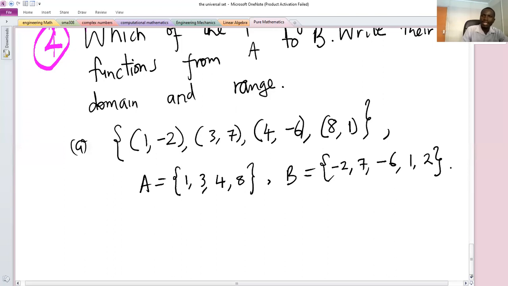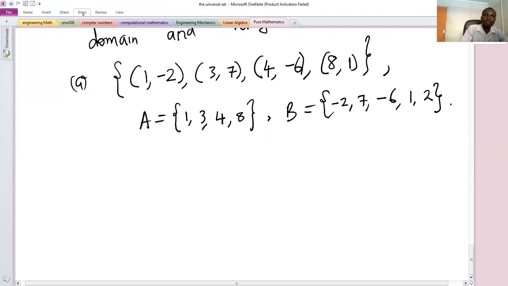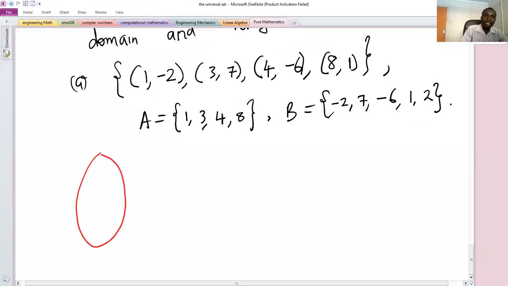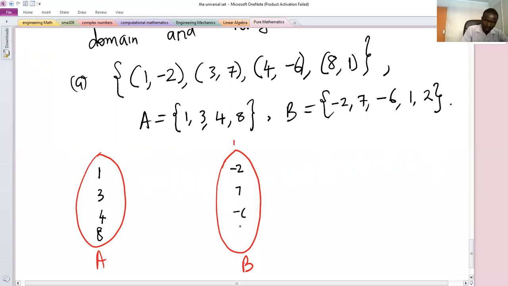So you can draw a sketch to illustrate this. Let this be my set A, and this be my set B. The elements in A are 1, 3, 4, and 8, while in B, we have -2, 7, -6, 1, 2.